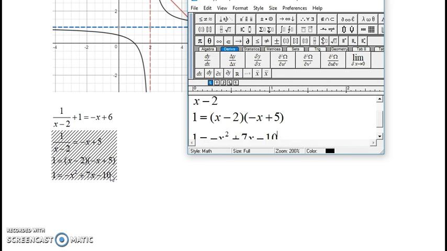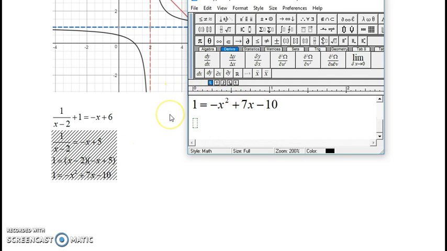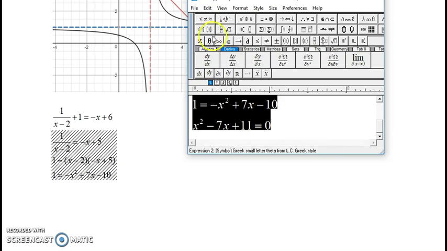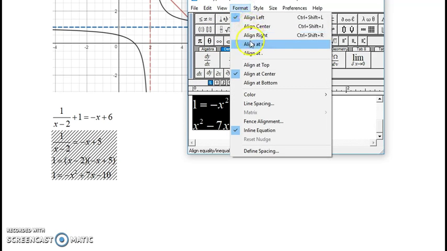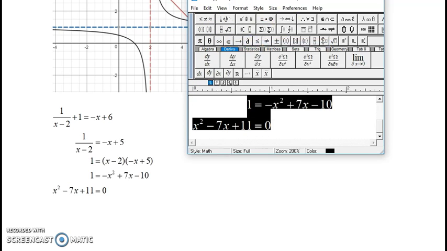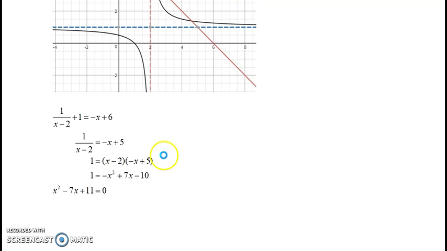I'm pretty sure in this case this is not factorable. I'm going to bring everything to the left-hand side, to end up with a positive squared term, though it doesn't really matter where you move all the things. If I bring this over, that becomes plus 11 equals 0. I'm just going to align this more nicely. Okay, so this is the quadratic that I have to solve.